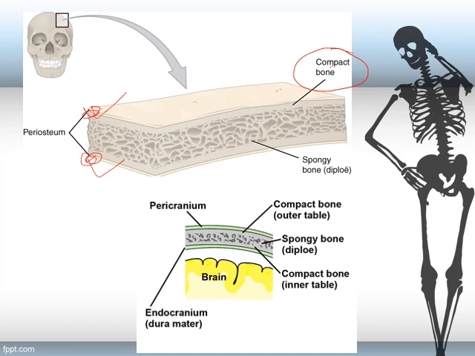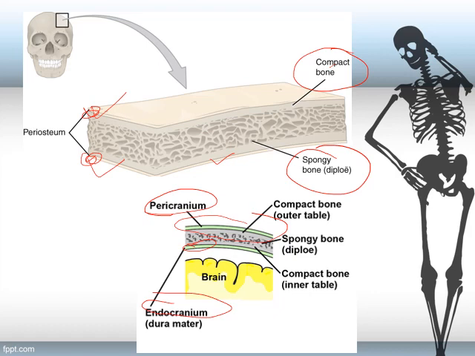And between these external and internal tables is what we call the diploe, which is a spongy bone. So again, the layer that covers the outer layer is called the pericranium. The inner layer is called the endocranium. Endocranium is sometimes referred to as the dura mater.